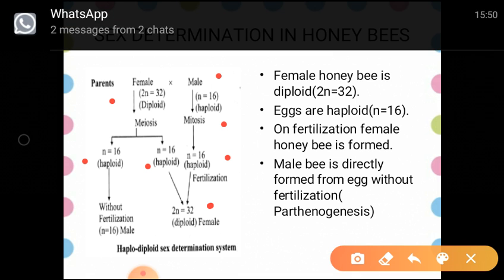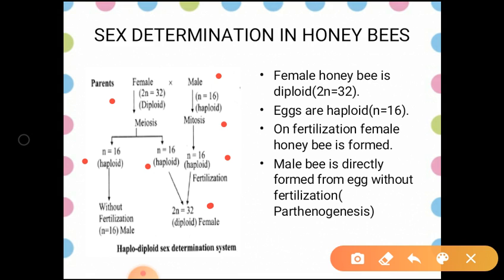That is 2n equal to 32. But sometimes what is happening? Some of the egg cells, the female gametes, without fertilization form the male insect. So in case of honeybee, the male bee is formed without fertilization.